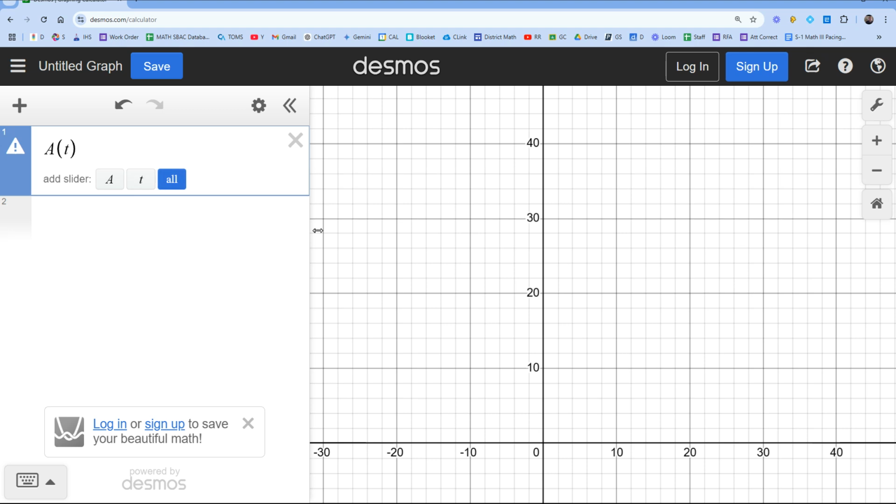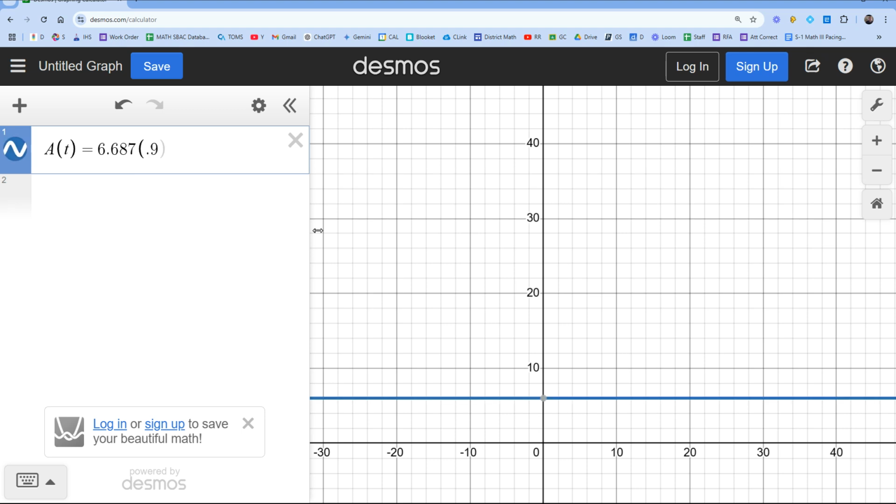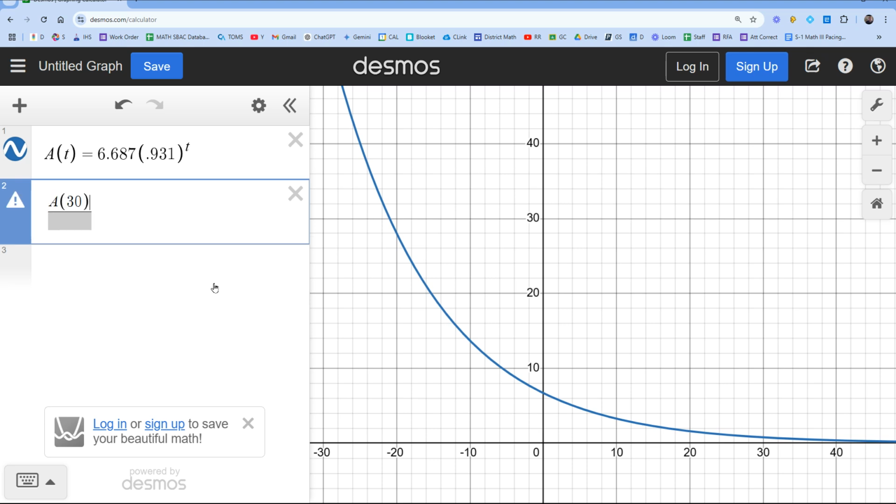So A at T equals, that rate equation, 6.687931 to the exponent T. Is that right? Double checking. I'm going to do this as a fraction: A at 30 minus A at 0, and then 30 take away 0, or 30.